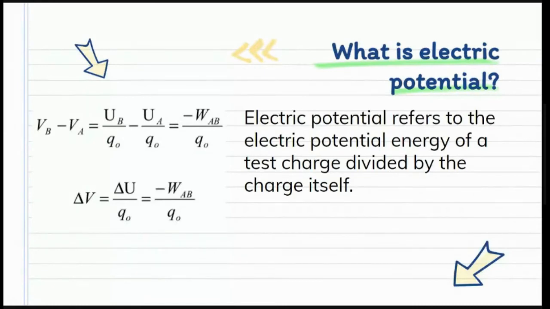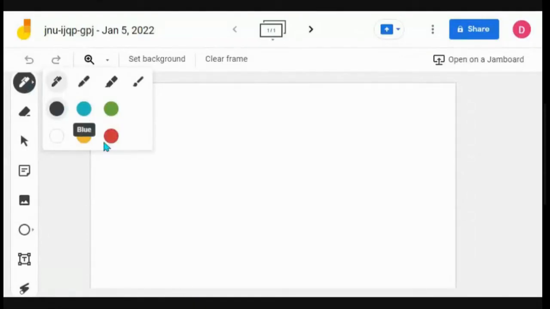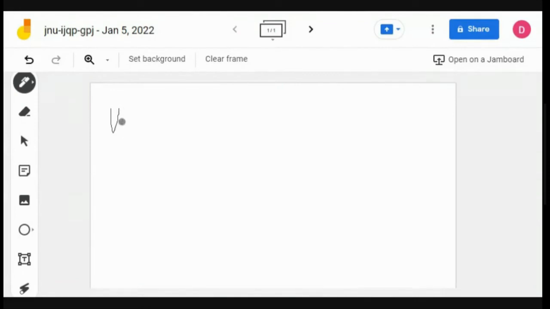How do we derive an equation that would simplify electric potential energy? So we can write here, let me use a black ink, and say that the potential, so let's isolate the potential. We say that the potential V is equal to the electric potential energy U all over the test charge.